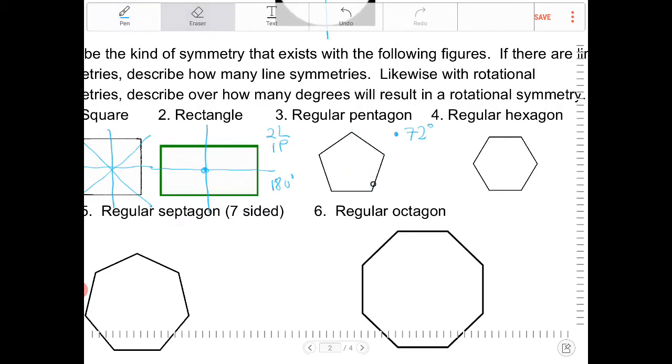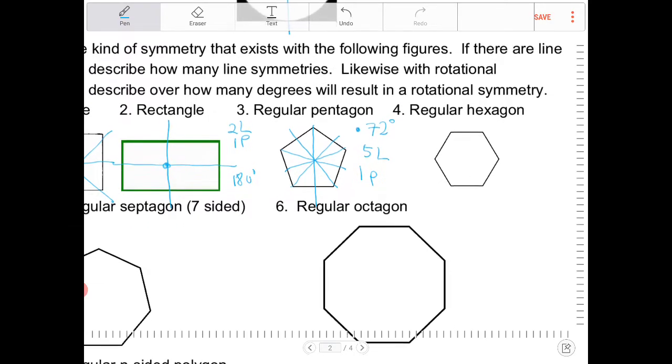And how many lines of symmetry? There's 1, 2, 3, 4, 5. Are there any others? Nope. So there's 5 lines of symmetry and 1 point symmetry.